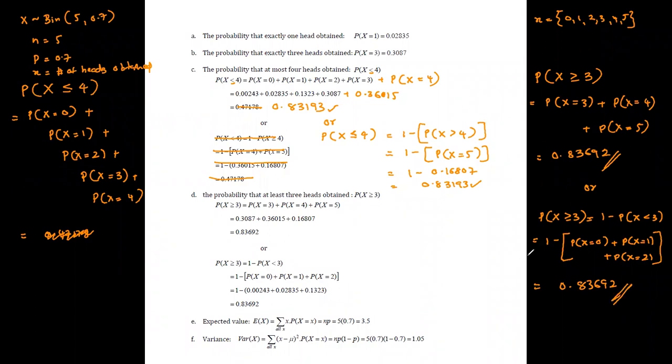This is how we perform the calculations based on the binomial distribution. The other two parts ask us to calculate the expected value and the variance of this experiment.